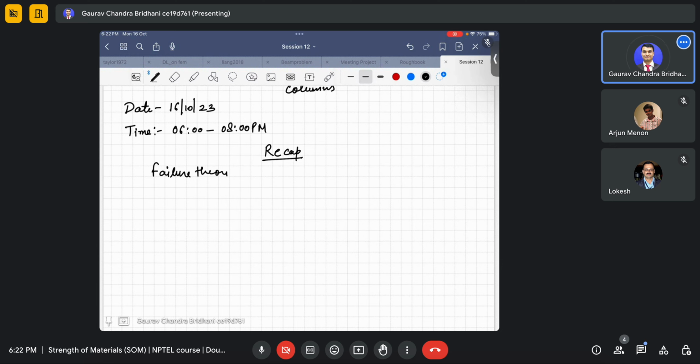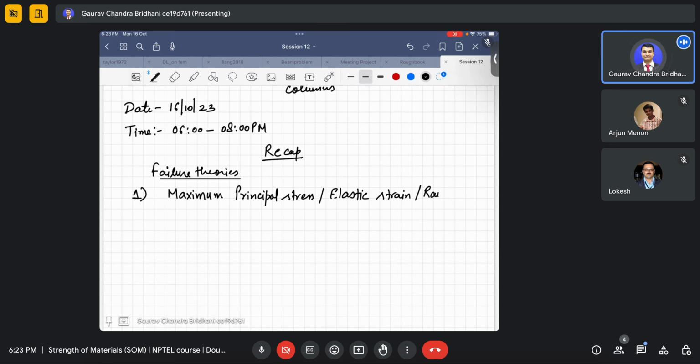As you have seen in the lecture, mostly it has been covered. First we have the maximum principal stress theory, or elastic strain theory, also known as Rankine theory.